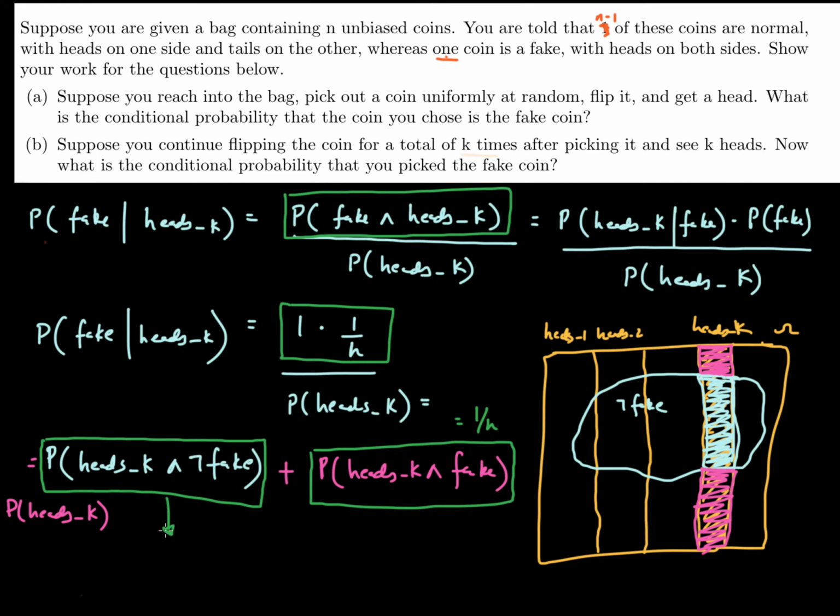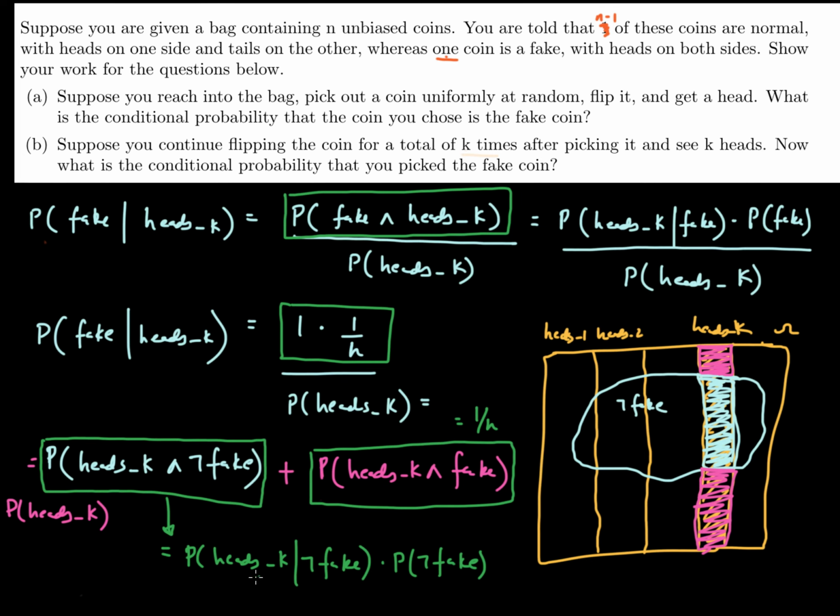Well, this piece over here is going to be equal to the probability of heads occurring k times, given that the coin is not fake, times the probability of the coin being not fake.